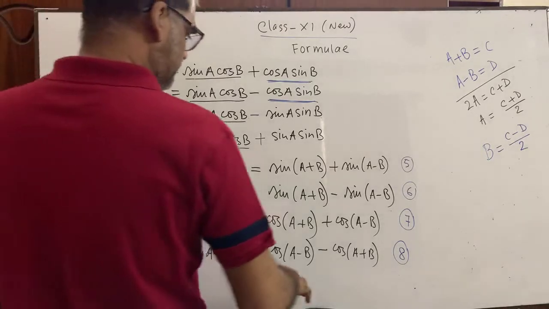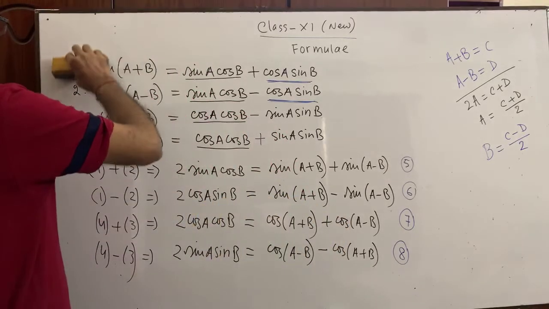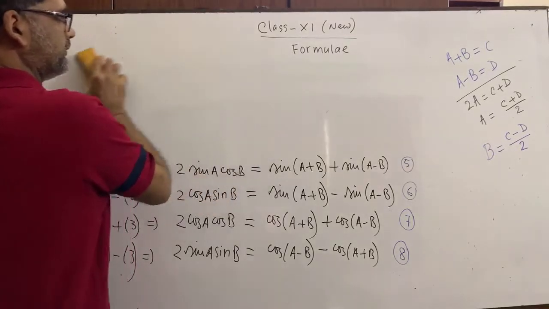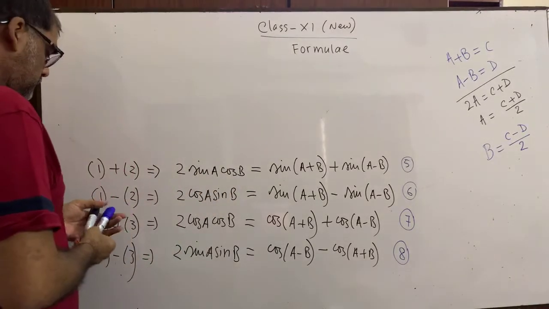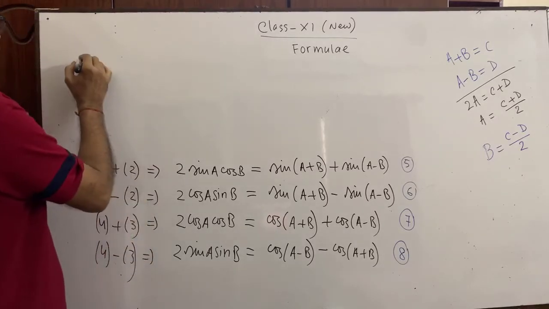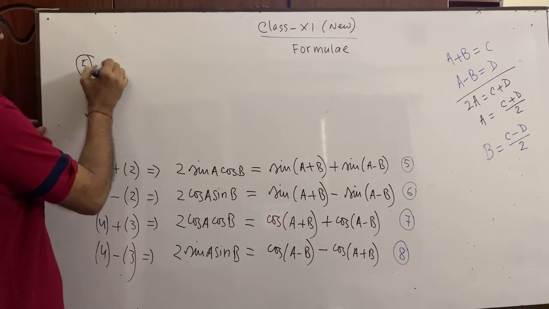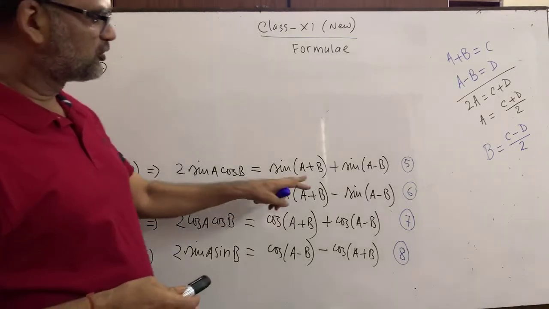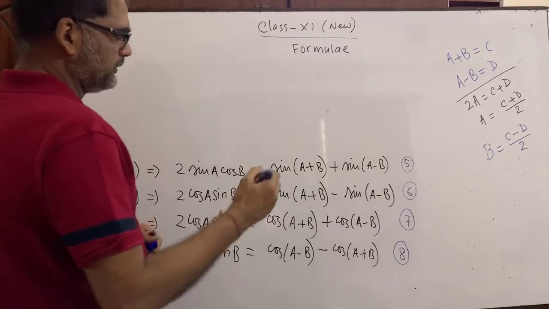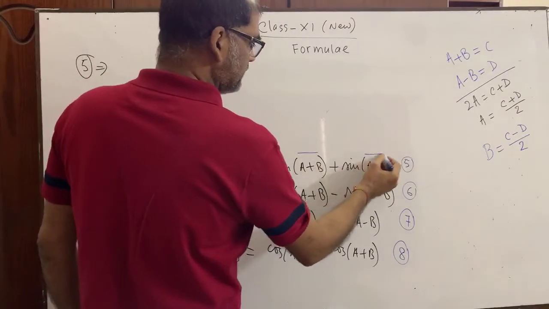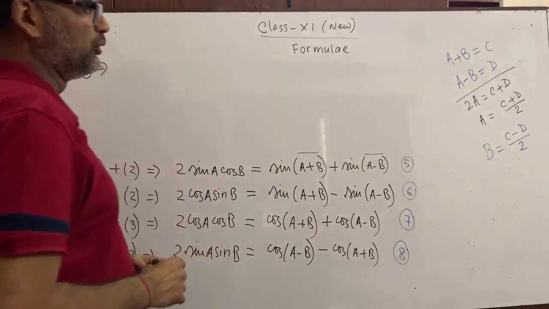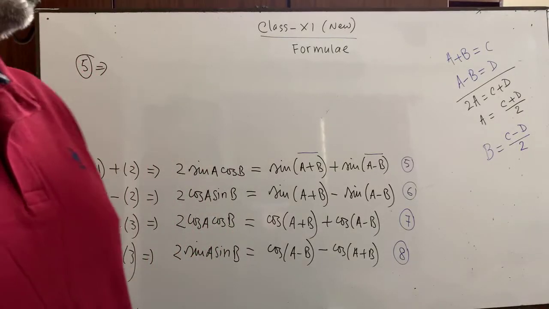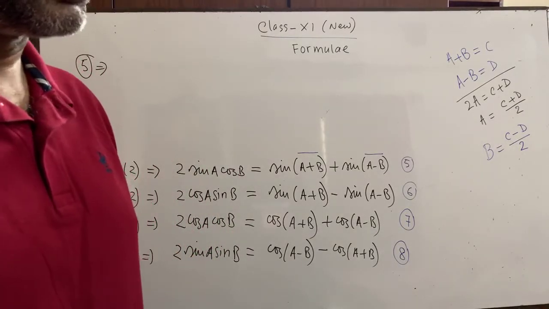Now go to formula number 9. Write down. From formula number 5, what do we get? Formula number 5, you put A plus B equals C, and it is D. I have written there that we have let A plus B as C and A minus B as D. Have you got me?